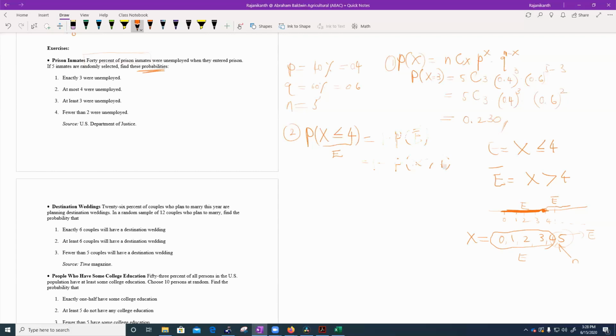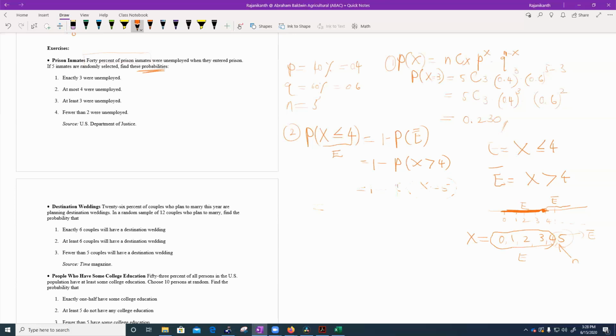That is my E bar. So in this particular problem, what are the possible x values bigger than 4? Of course, I have only one value, which is 5. So the condition for this event is simply x is 5. That means it is enough to find only one value for this particular event.